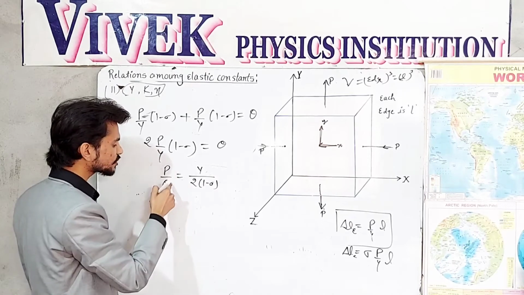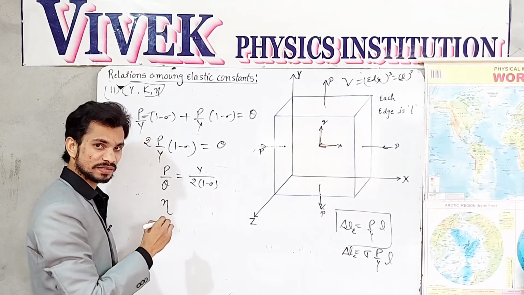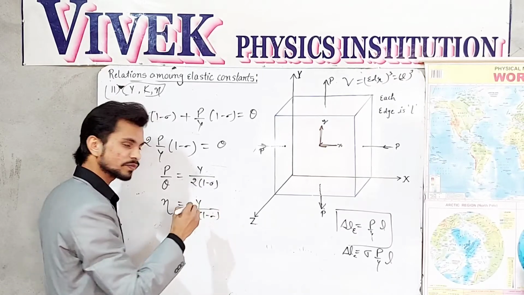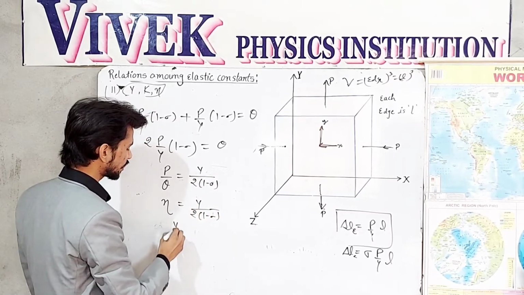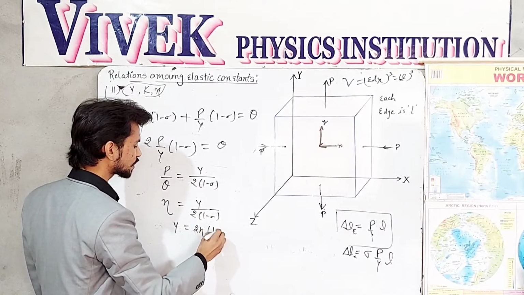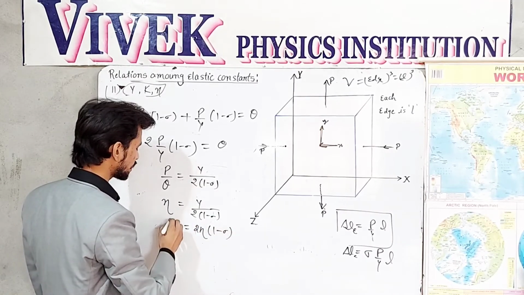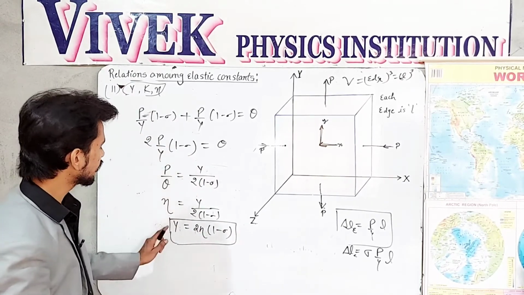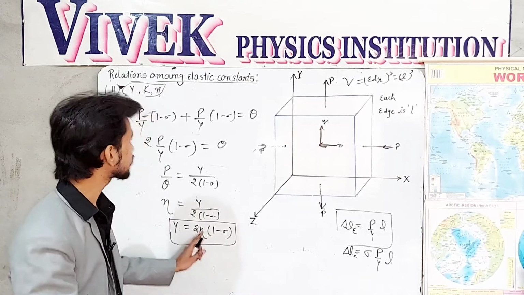Now you can easily see that P is the normal stress and theta is the shear strain. So normal stress over shear strain is nothing but the shear modulus. This is Y over 2 times (1 minus sigma), and it can also be written as Y equals 2 eta times (1 minus sigma). So this is another relation we have, the relation between Y, eta and sigma.